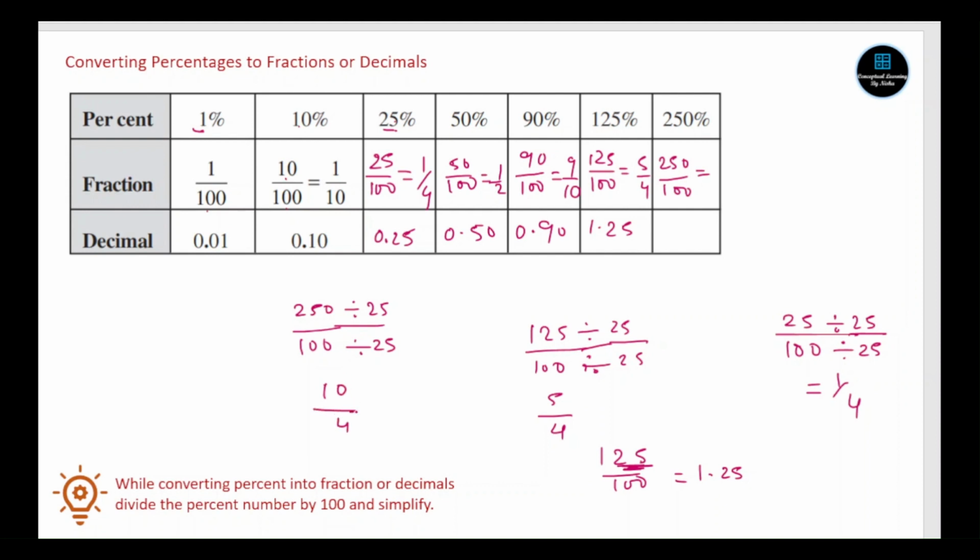I can divide further by 2. So what do I get? 5 upon 2, which is nothing but 2.5 also. You can write that way also. And 2.50. Got it? Excellent.